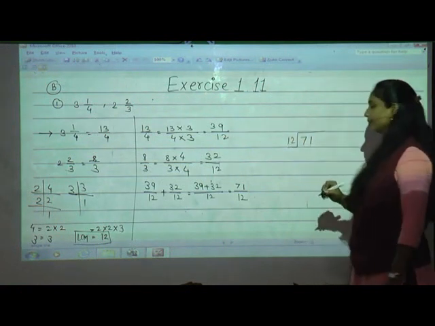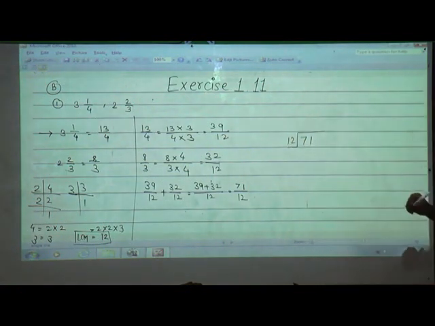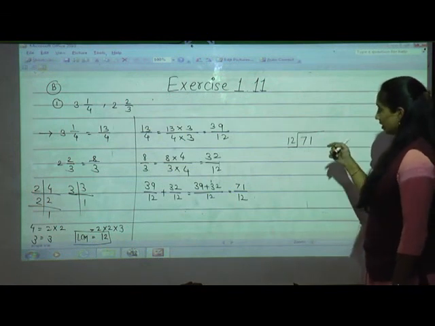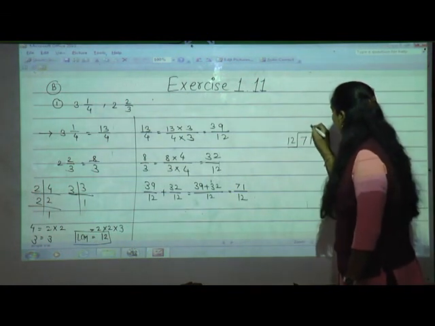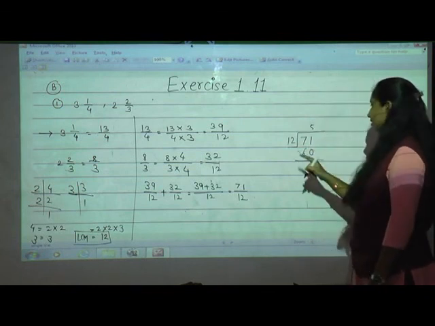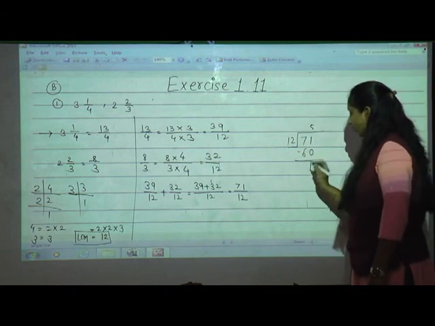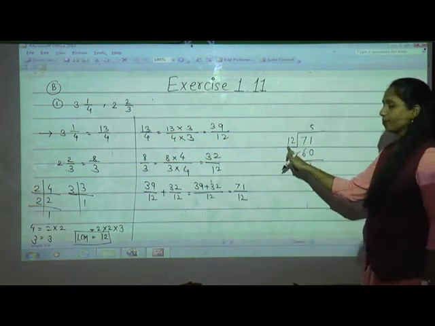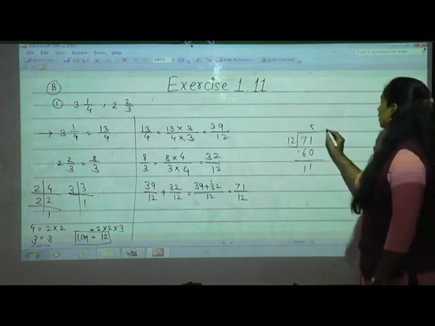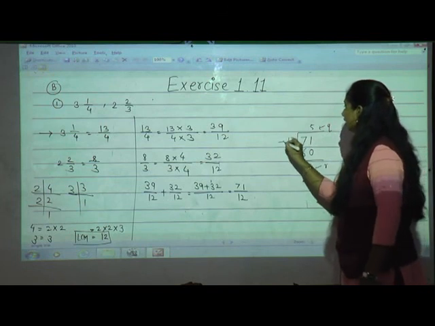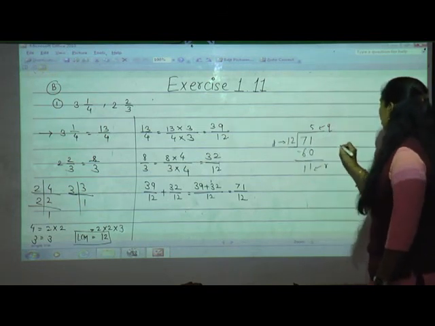Now see, in 12 table, is 71 there? No, 12 6s are 72, but we want less than that. So 12 5s are 60. Now 71 minus 60 is 11. So 11 will remain as it is because we cannot subtract 12 from 11. This is what? Quotient. This is what? Remainder. This is denominator. So how we write?